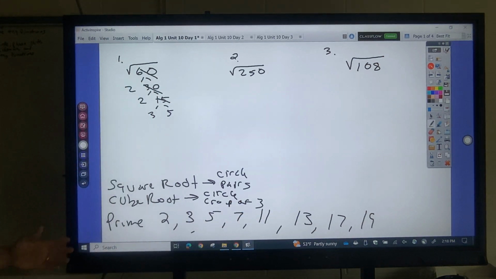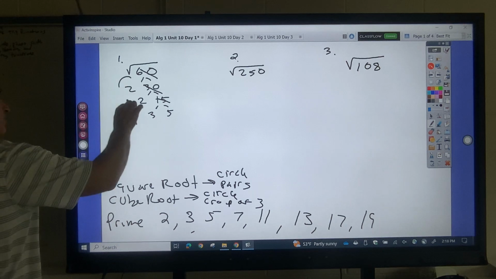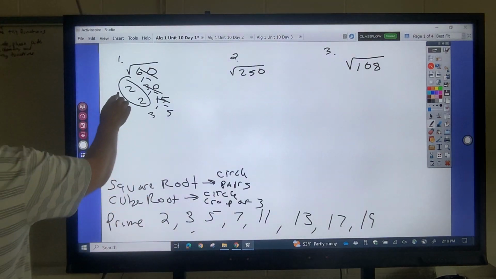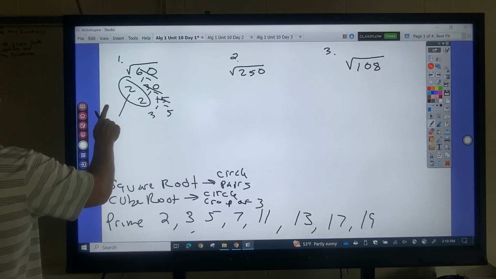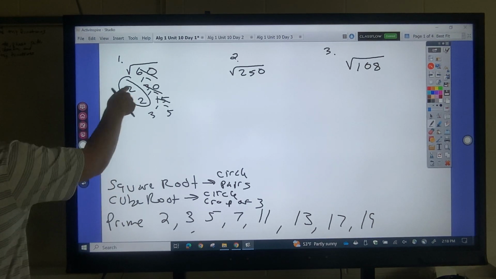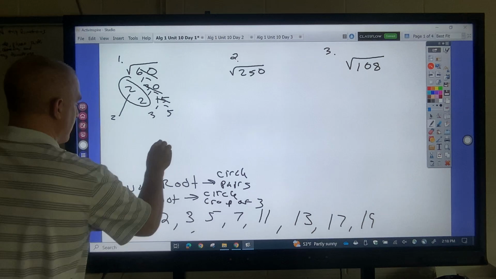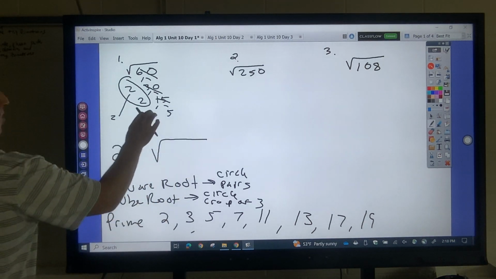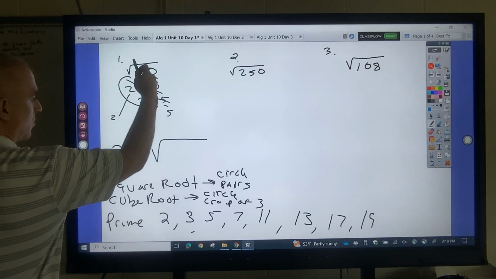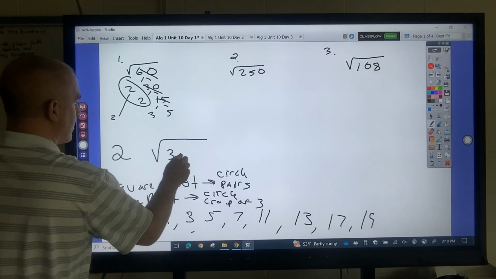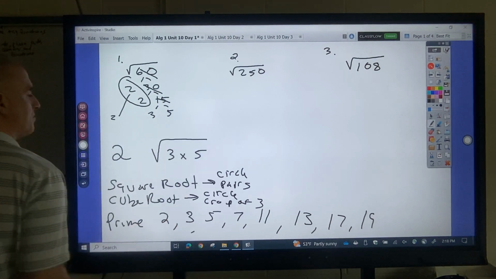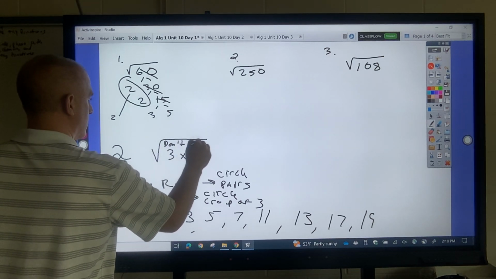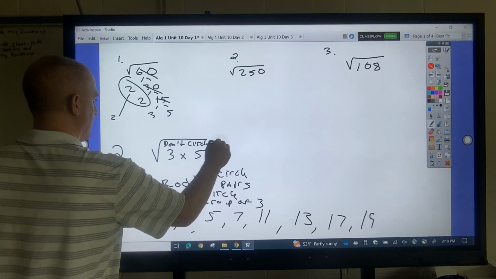So since this is a square root, I'm circling my pairs, which is this. Out of each set, you're only allowed to take one item out of that, so 1, 2, okay? Whatever you circle goes on the outside. Now, whatever you don't circle, don't cross off, that goes on the inside as multiplication, all right? Your don't circle or cross off group is in here.